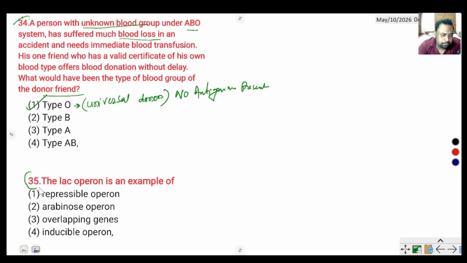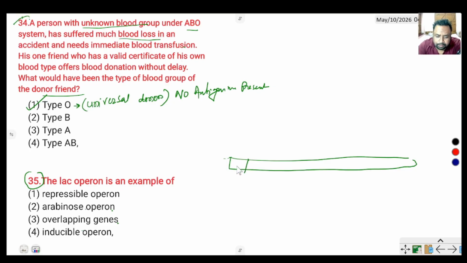Question number 35. The lac operon is an example of a repressible operon, arabinose operon, overlapping genes, or indigenous. Lac operon means, suppose this is DNA, this is the regulator site, promoter site, and operator site, and these three are structural genes, Z, Y, A. That is a structural gene.